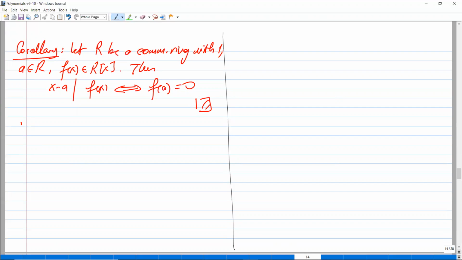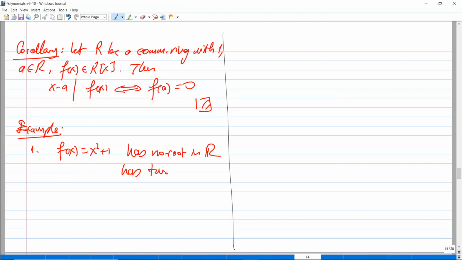So let's look at this example again. One more example. As we looked at above, remember f of x is equal to x squared plus 1, for example, has no root in R, and it has 2 roots in C, namely plus or minus i.